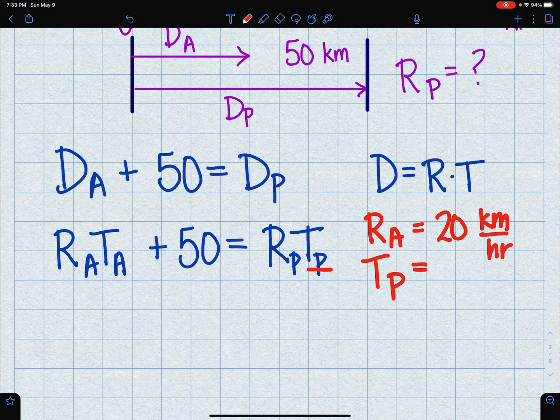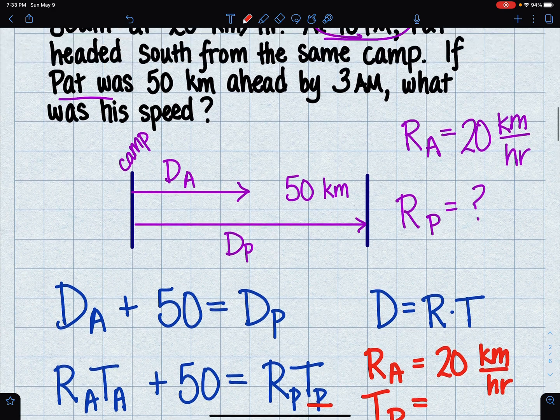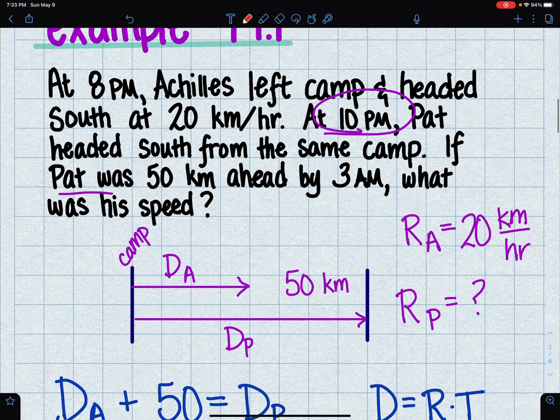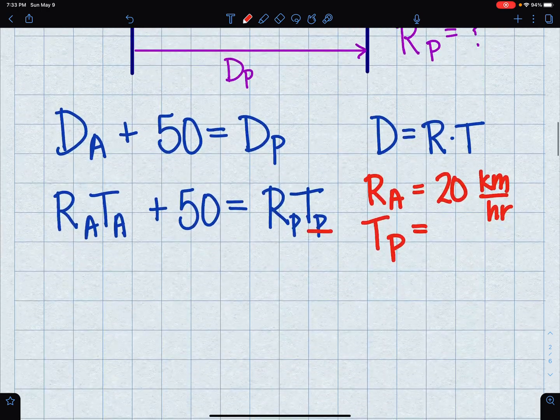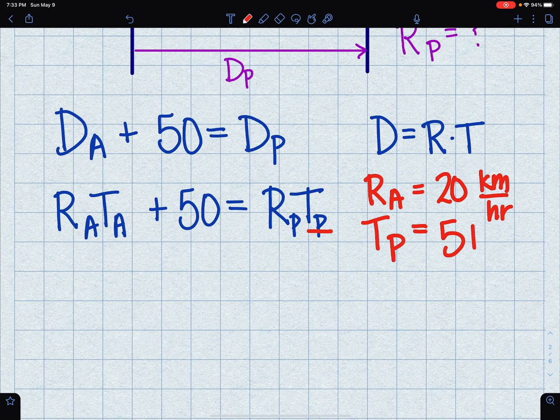The time of Pat. So let's reread the problem and see if we can figure out Pat's time. So it says he started at 10 p.m., he heads south, and then he goes until 3 a.m. So if we count 10 p.m. to 3 a.m., 10, 11, 12, 1, 2, 3, that's going to be 5 hours. So time of Pat is 5 hours. Okay, what's time of Achilles?